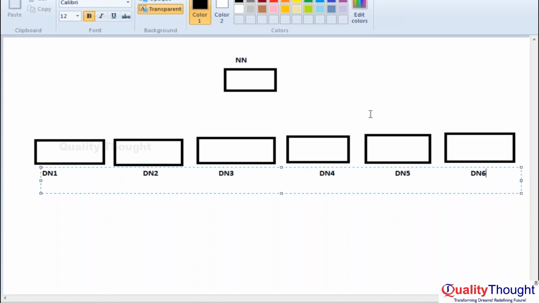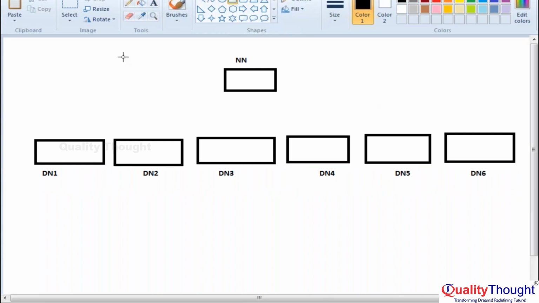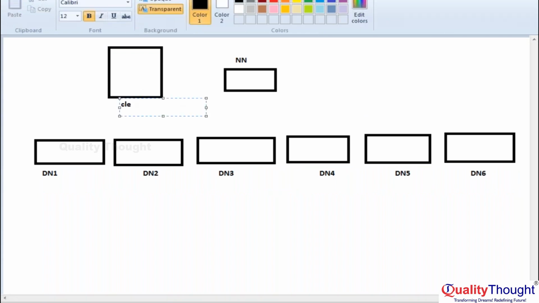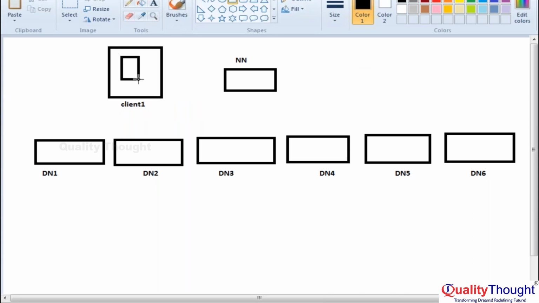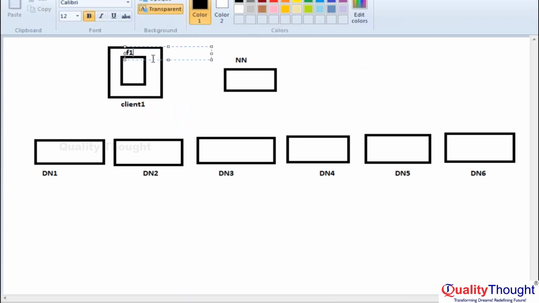So the user wants to place a file. This is the client system, Client 1. Client 1 wants to place a file. The name is file 1, and this file contains 300 MB.